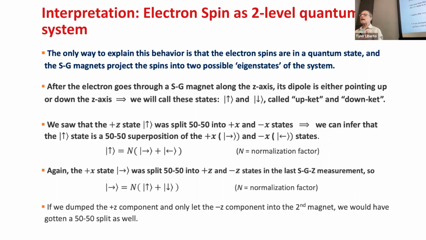So that means we can say that the deflection to the right, the positive X ket, can also be written down as a combination of up and down ket. And in principle, we could change the whole experiment a little bit around and simply dump the X plus and the Z plus directions and only look into the negative, separated beams, and we would have gotten actually also at the end a 50-50% split.